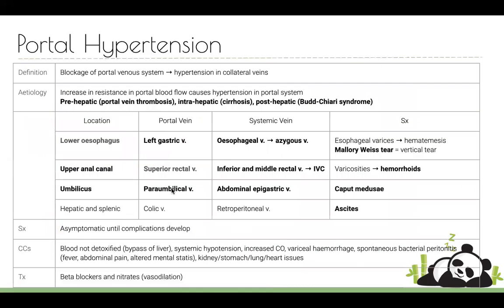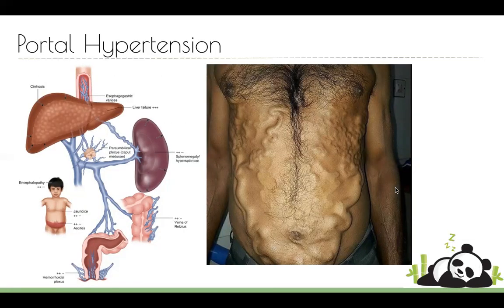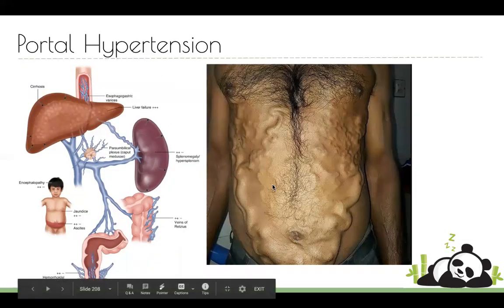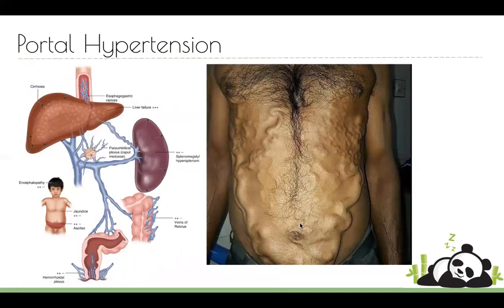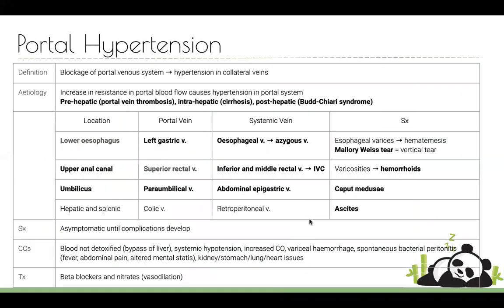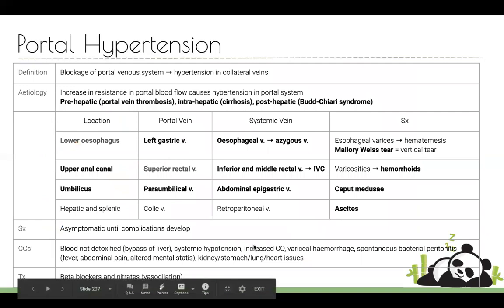And then by your umbilicus, you can get caput medusae, basically. So this is very serious. Usually you won't get this. Usually you get a little bump, something like that big, if you're lucky. And then you also get ascites. So that's big bloating of the belly, and that's what you test shifting dullness for.